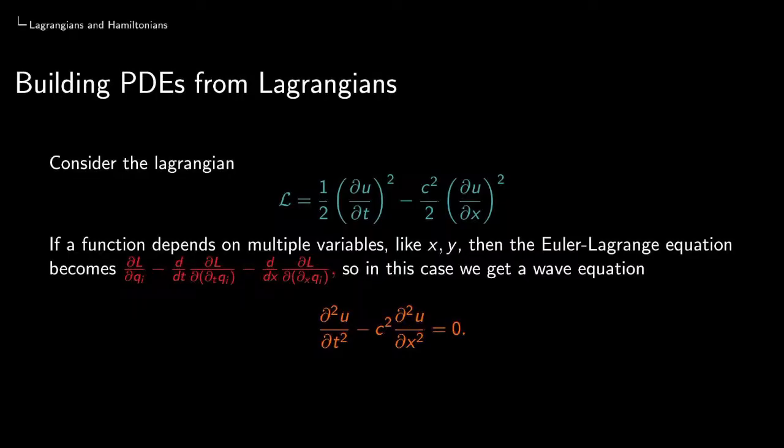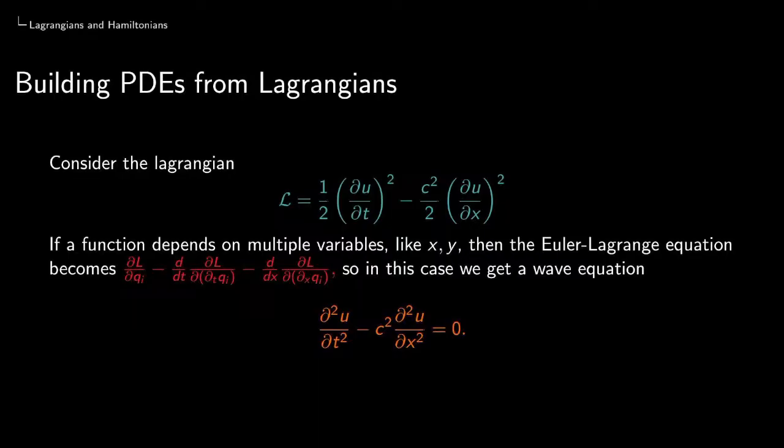In that situation, you're going to start with the same dL/dq term, but then instead of just a d/dt dL/dq-dot term, you have a d/dt of dL with respect to the partial derivative of q with respect to t, and then you'll have another term for the partial derivative with respect to x. And then you take the derivative with respect to x. Applying it to this Lagrangian here, you're going to get a wave equation.